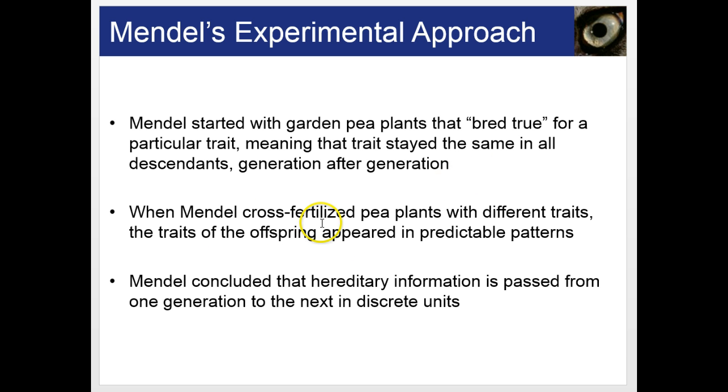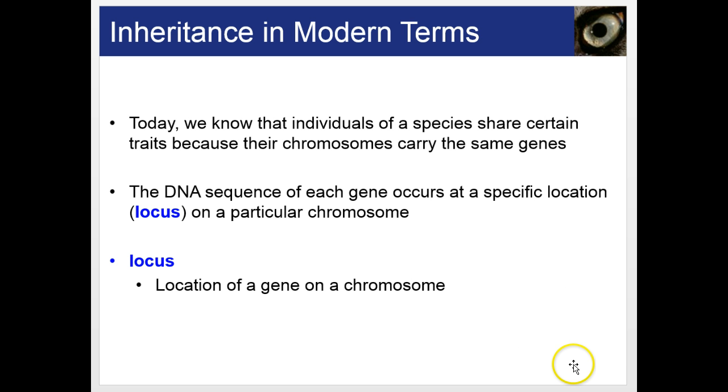Then when Mendel cross-fertilized the pea plants with the different traits, the purple and the white, that's when he got all of just one color, the purple. And then Mendel concluded that hereditary information is passed from one generation to the next in discrete units. That means either or, one or the other units.